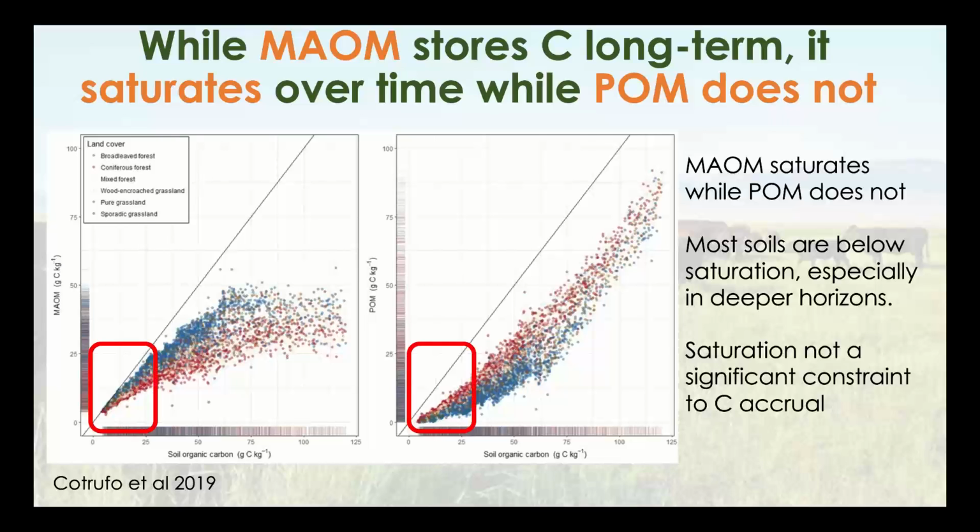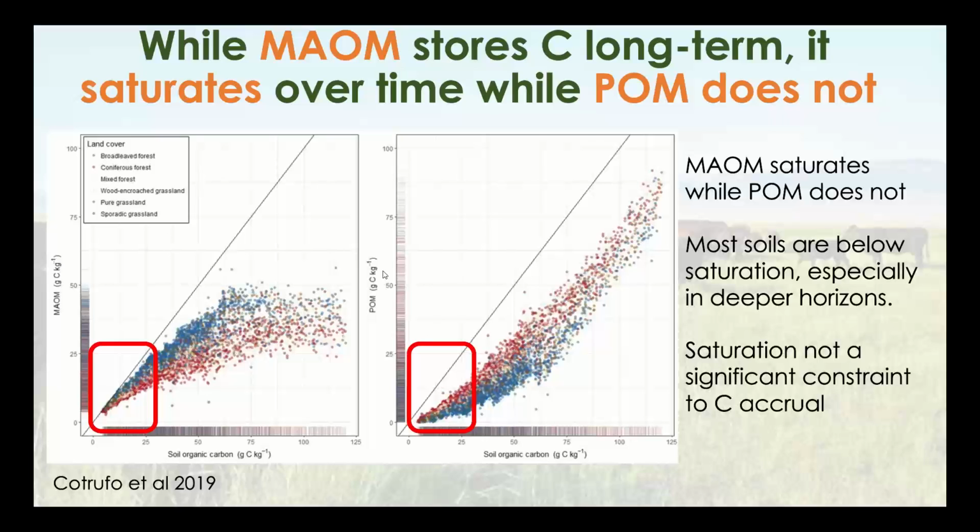The storage of carbon in MOM dominates in soil. Let me orient you around these graphs first. On the left-hand side is the mineral-associated organic matter on the y-axis, while the x-axis remains the same: the total soil carbon. And on the right side is showing the POM.